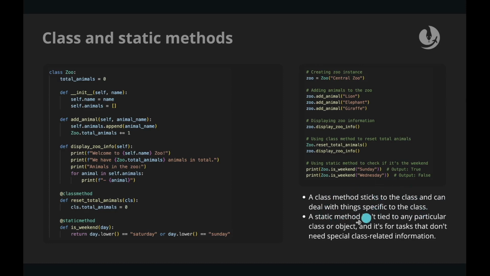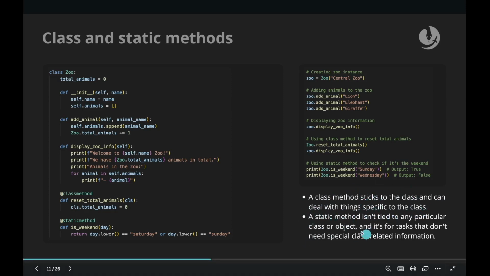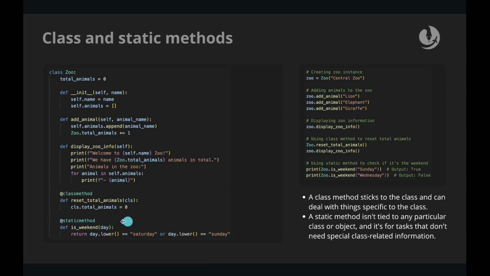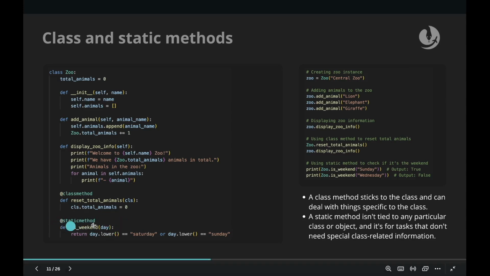A static method, on the other hand, isn't tied to any particular class or object, and it's for tasks that don't need special class related information. So if we want to have a static method, we just add the static method decorator at the top. We then create this method.